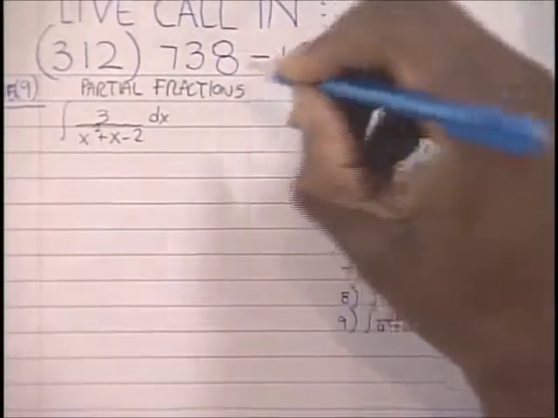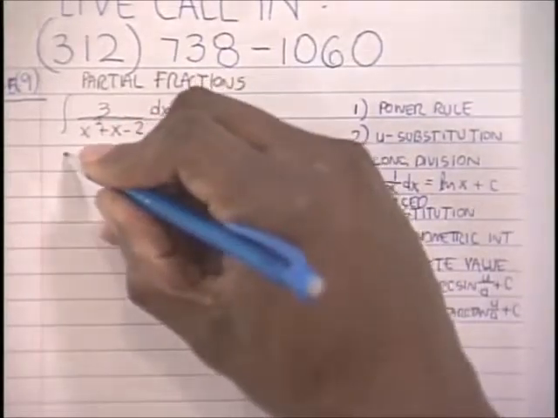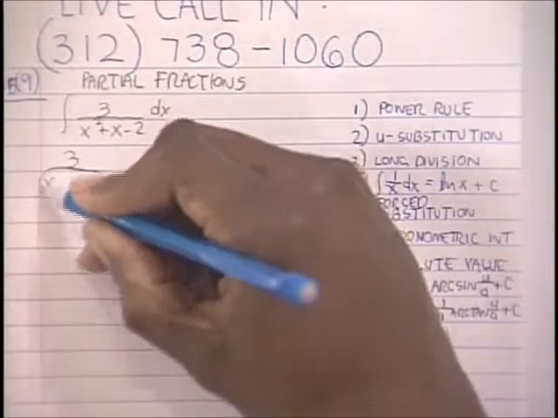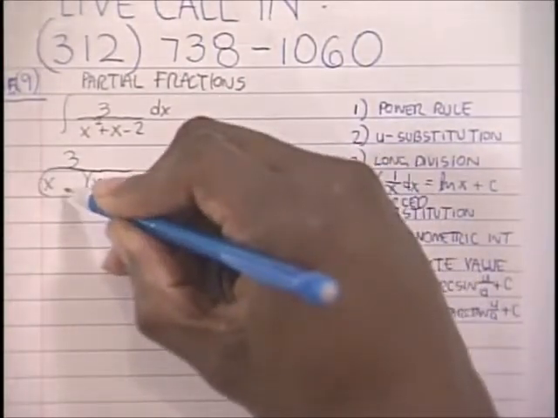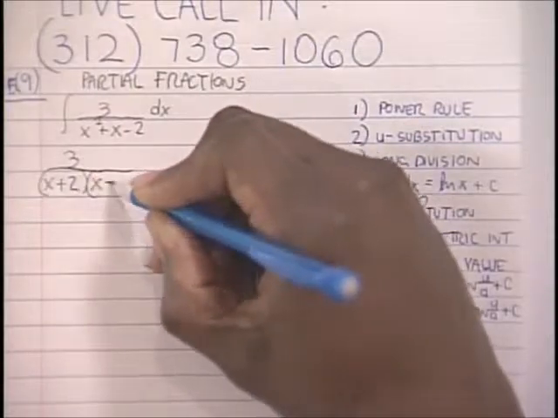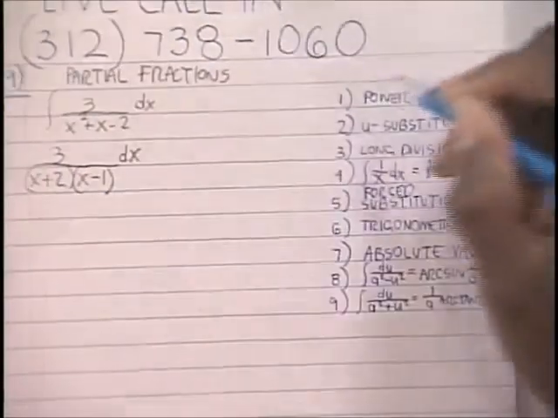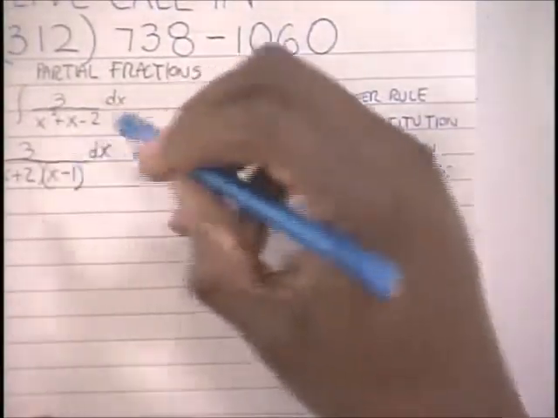All right, so the first step is you're going to factor this: 3 over x times (x plus 2) times (x minus 1). So this is the same problem.